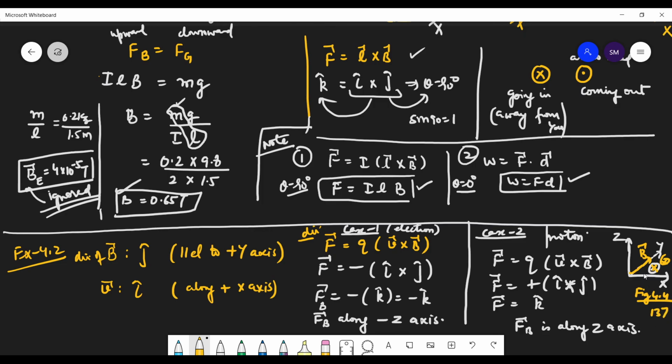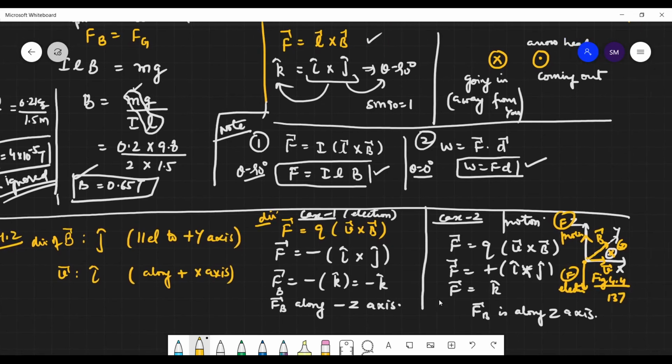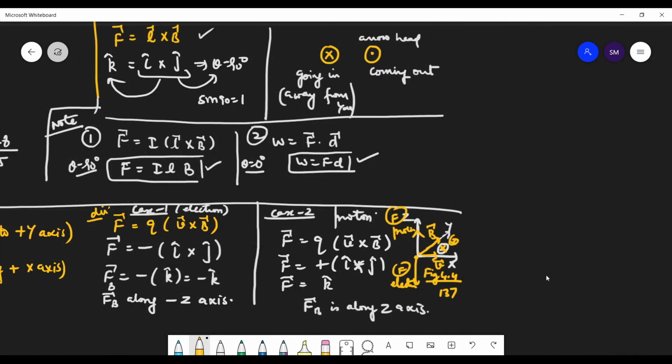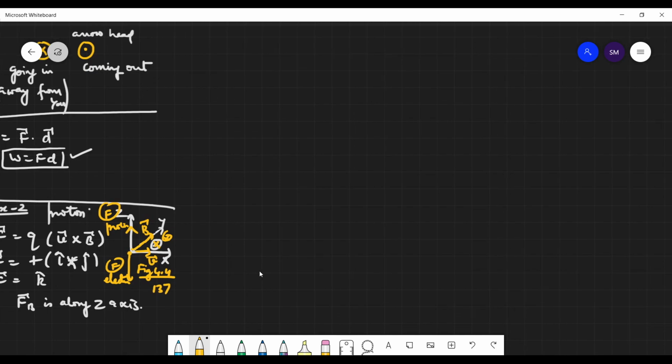And velocity is given along x-axis. So for proton, the force will be in this direction, and for electron, the force will be in this direction. So force on proton upward, force on electron downward. Is this clear? Now this is a very interesting thing. Our next topic depends on this.